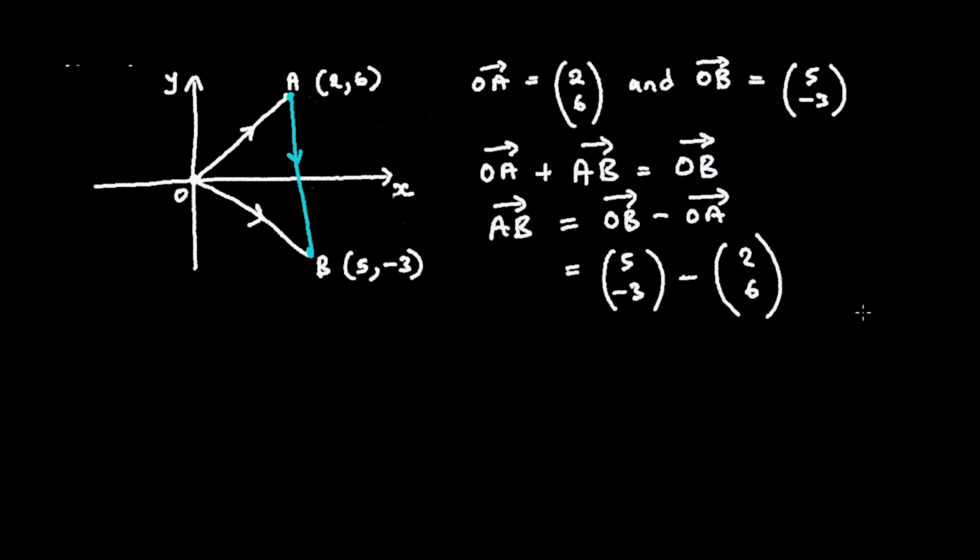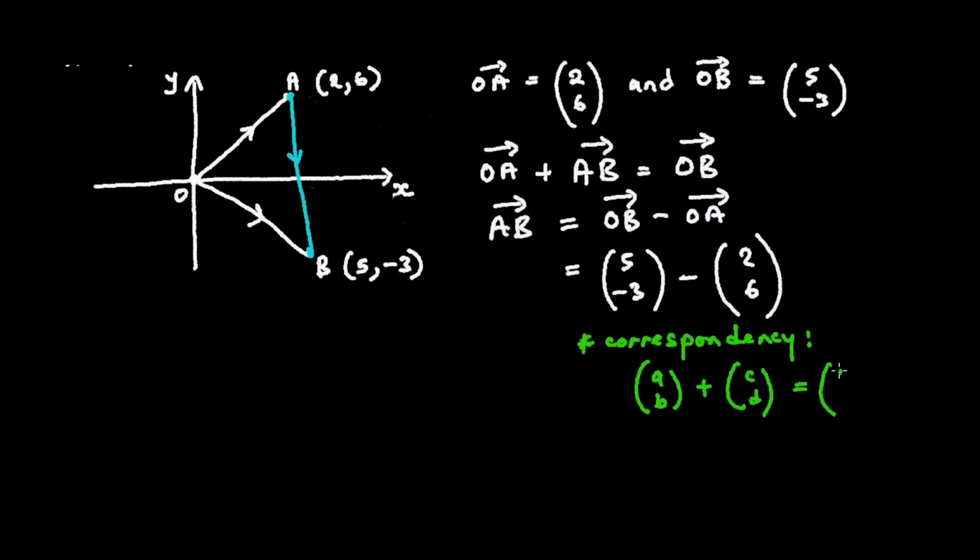Now this takes us back to the vectors we did at O level. We know that we are going to apply the principle of correspondency. The principle of correspondency simply says if we have AB, for example, adding CD, this is just going to be equal to A plus C, B plus D. It's simply a matrix addition.